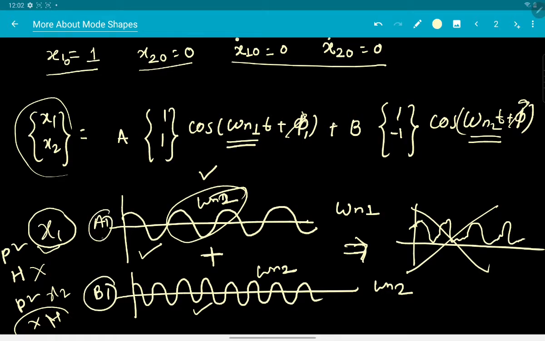The way they superpose to give the final x2 was the only difference between x1 and x2. Their individual trains were identical, but their contributions were different. So x2 was also not harmonic but periodic.